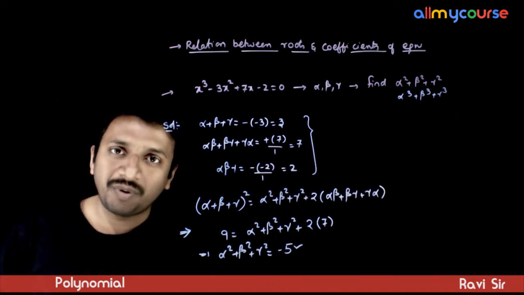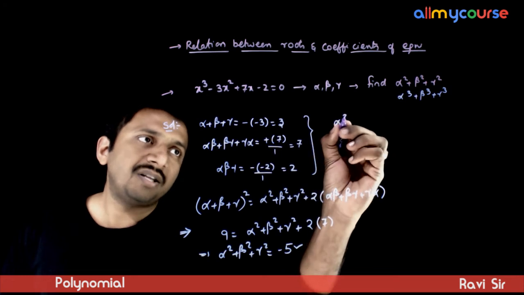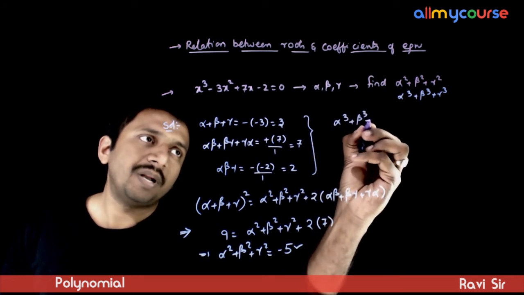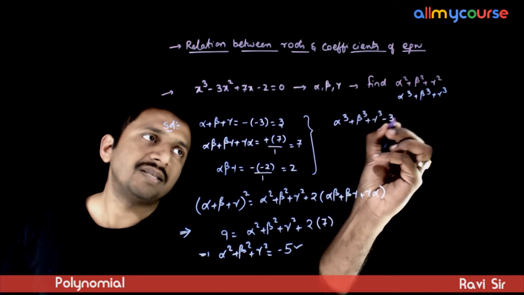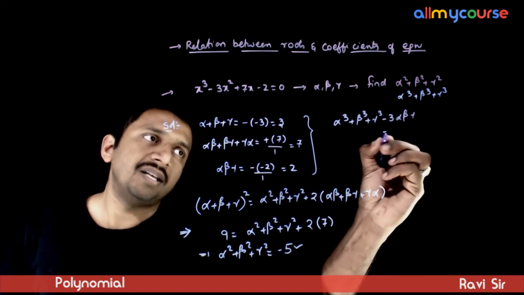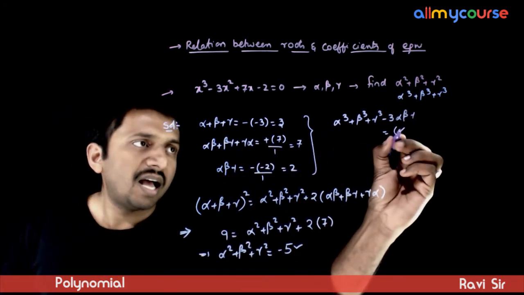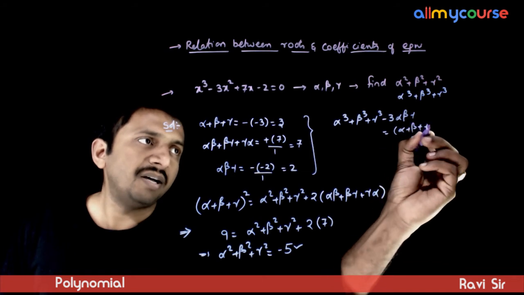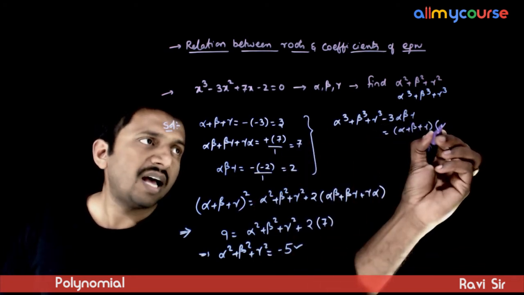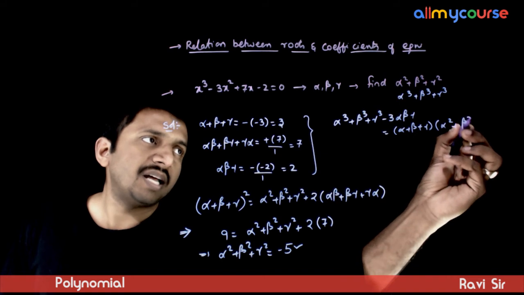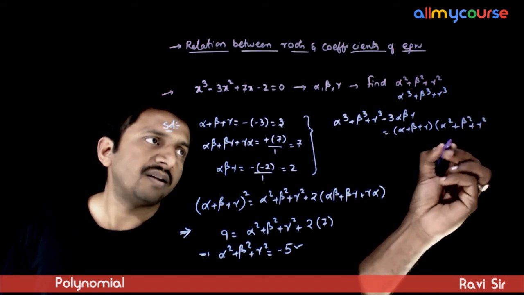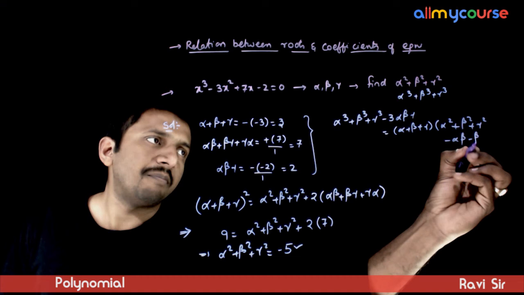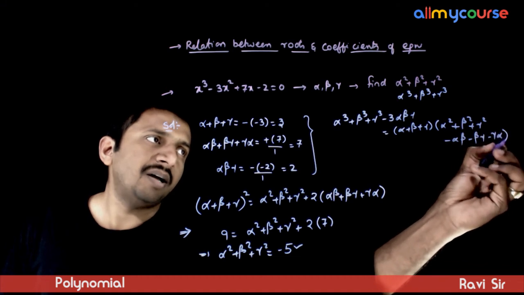We can use our formula: alpha cube plus beta cube plus gamma cube minus 3 alpha beta gamma is equal to alpha plus beta plus gamma times alpha square plus beta square plus gamma square minus alpha beta minus beta gamma minus gamma alpha.